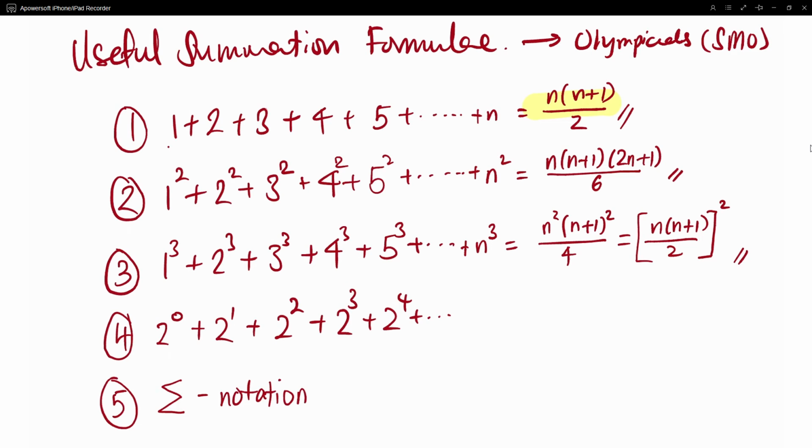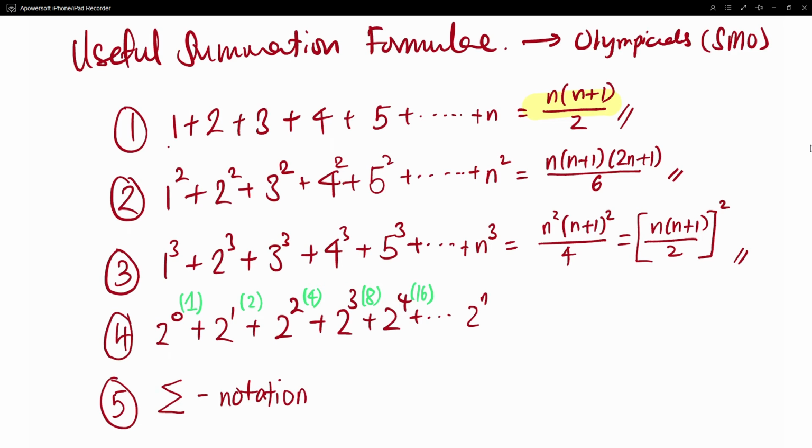Let's look at the last one, which is 2 to the power of 0 plus 2 to the power of 1, all the way to say 2 to the power of n. First thing we have to notice is that 2 to the power of 0 is simply 1. 2 to the power of 1 is 2, 2 to the power of 2 is 4, 2 to the power of 3 is 8, then 16, all the way to 2 to the power of n.